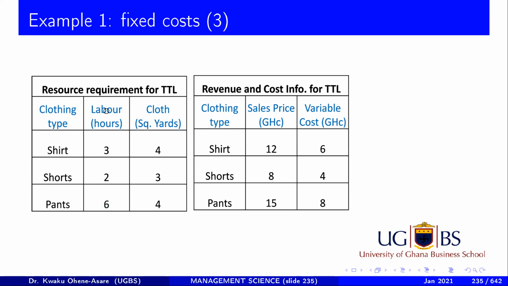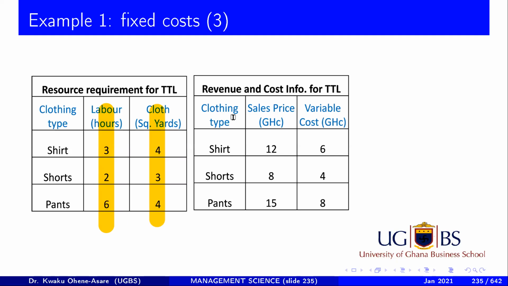So you need labor hours to be able to produce those particular variables. So this means that before I can produce shirts, I need 3 hours of labor and then 4 yards of cloth before I can produce shorts. So these are the resources, the constraints. So you have the cloth constraint here, and then you have the labor constraint also there. So keep that in mind.